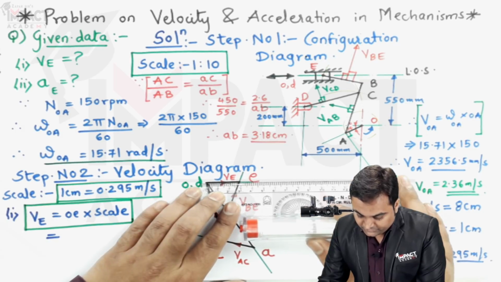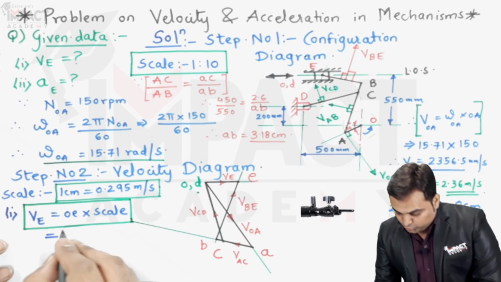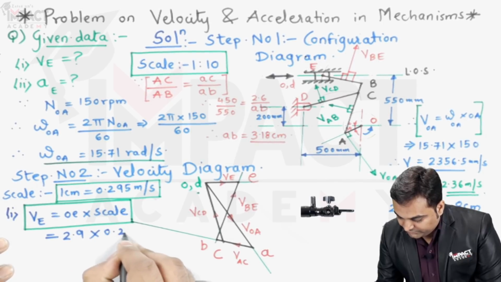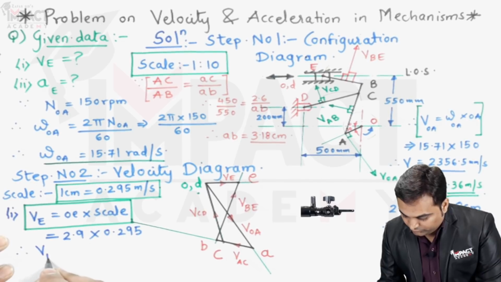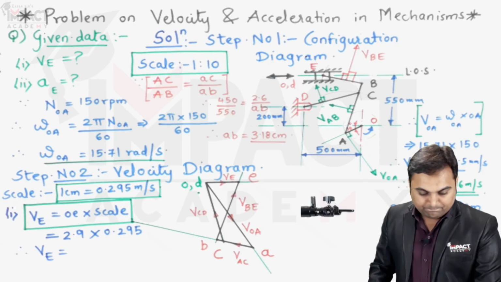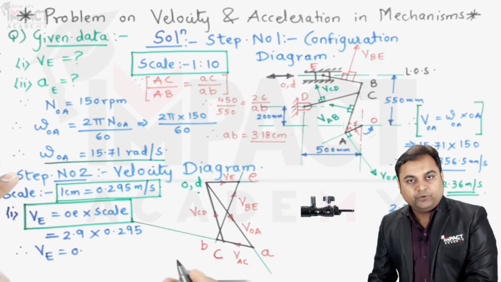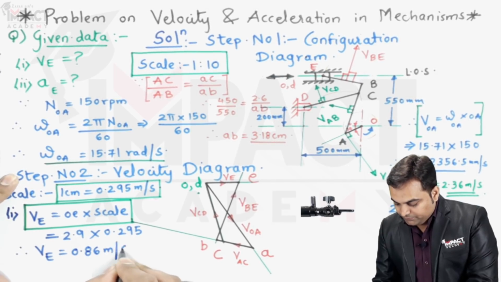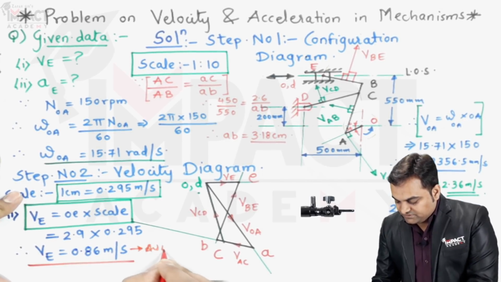It is approximately 2.9 centimeters. So 2.9 into the scale, which is 0.295. So therefore velocity of slider E will come out to be 0.855, which I'll write as 0.86 meter per second. And that's the first answer.